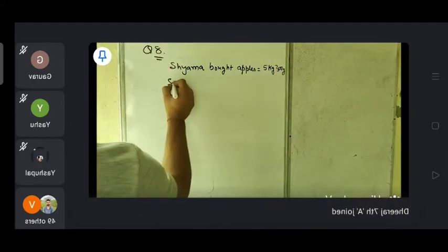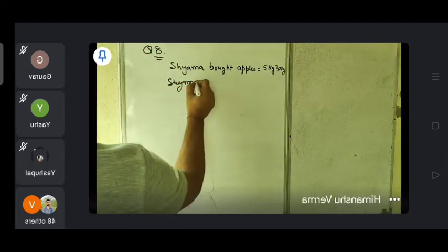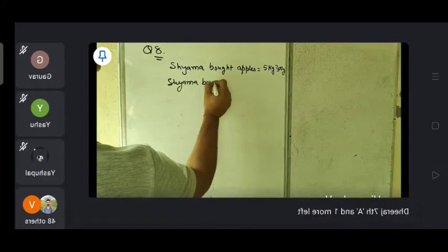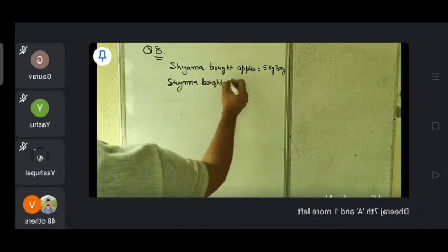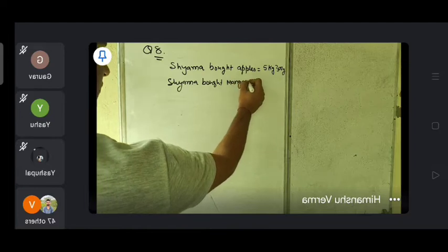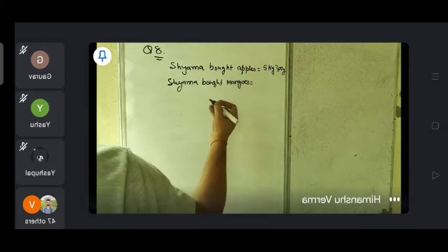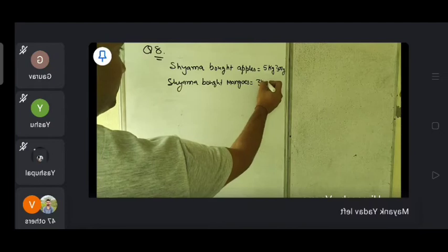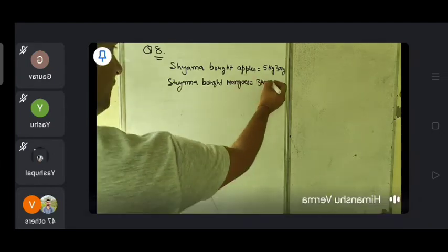Shama also bought mangoes, and that is 3 kg 250 grams.